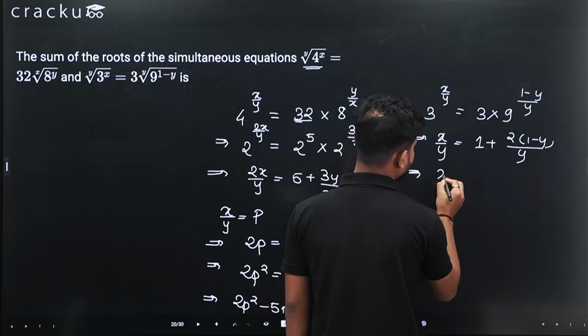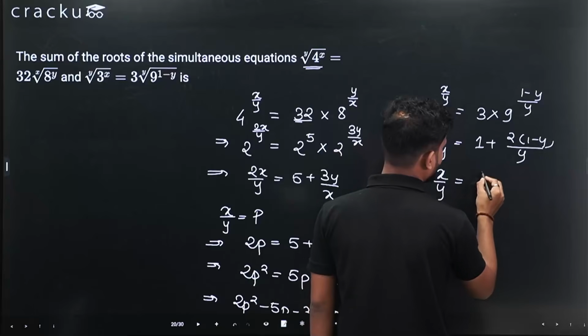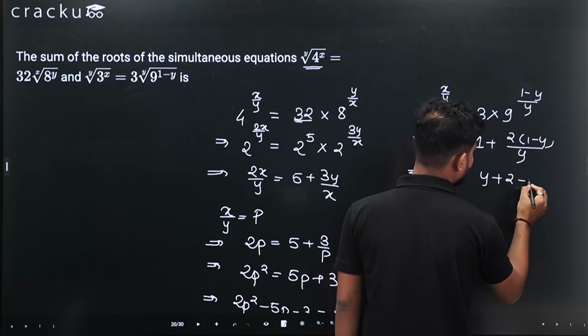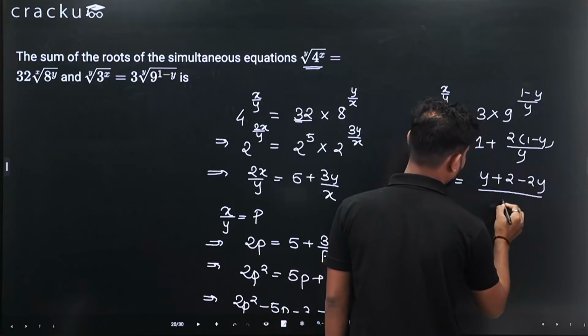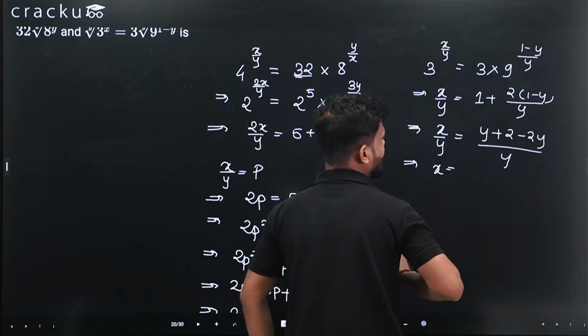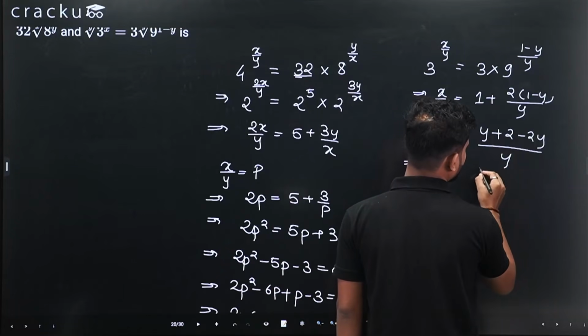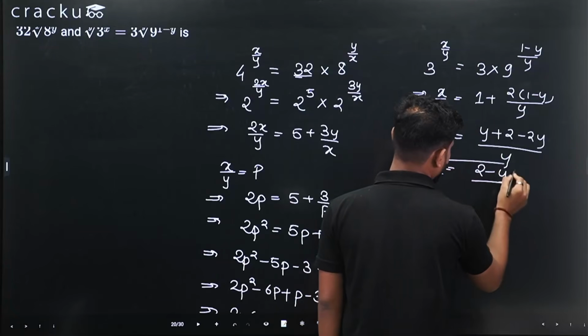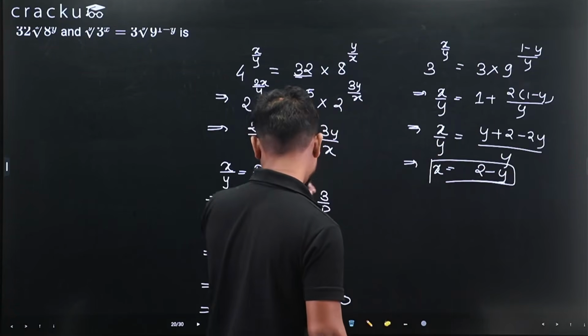Or from here I can say x by y is equal to y plus 2 minus 2y divided by y, or x is equal to 2 minus y, right? X is equal to 2 minus y.